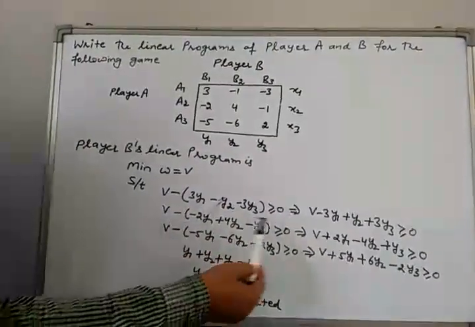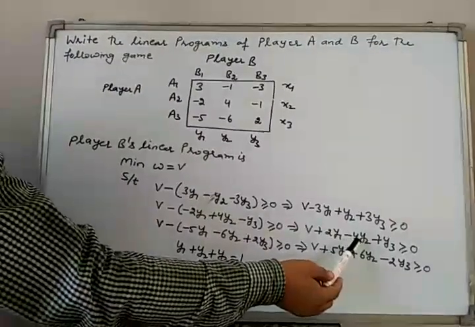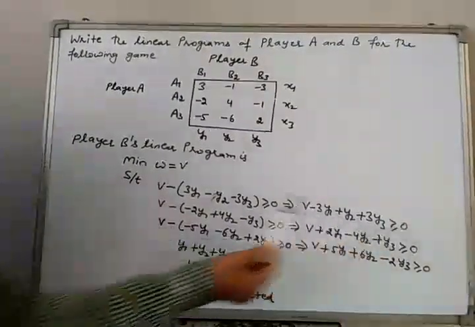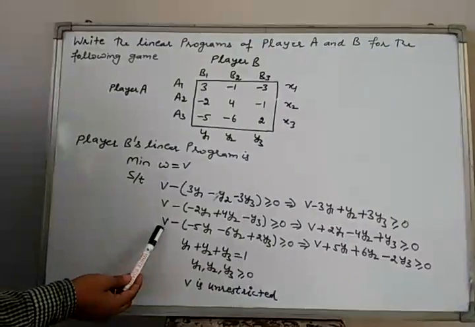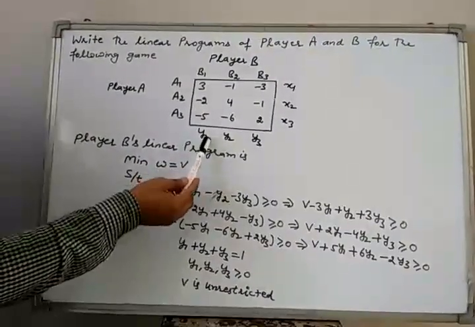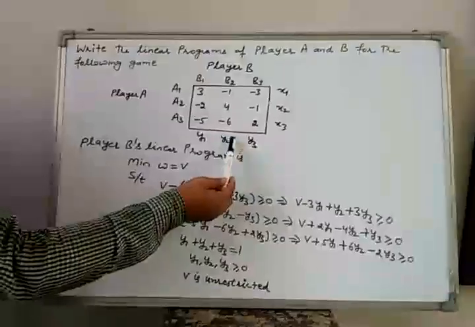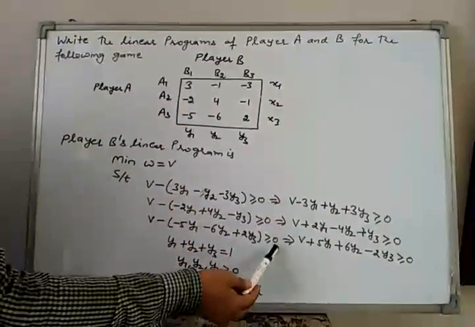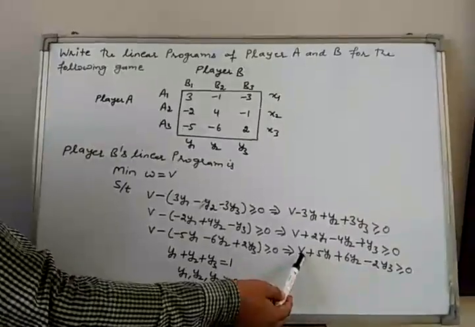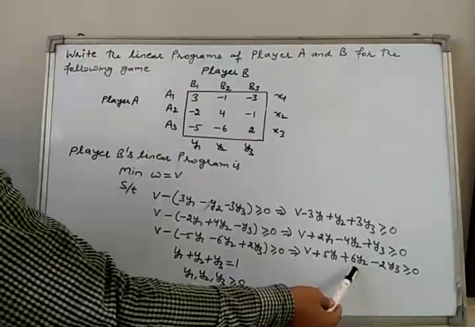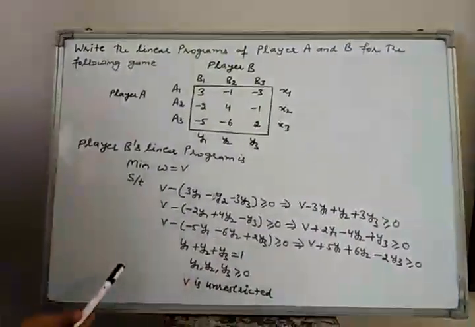On solving this, we get v plus 2y1 minus 4y2 plus y3 greater than or equal to 0. The third constraint is v minus 5y1 minus 6y2 plus 2y3 greater than or equal to 0, which further gives v plus 5y1 plus 6y2 minus 2y3 greater than or equal to 0.